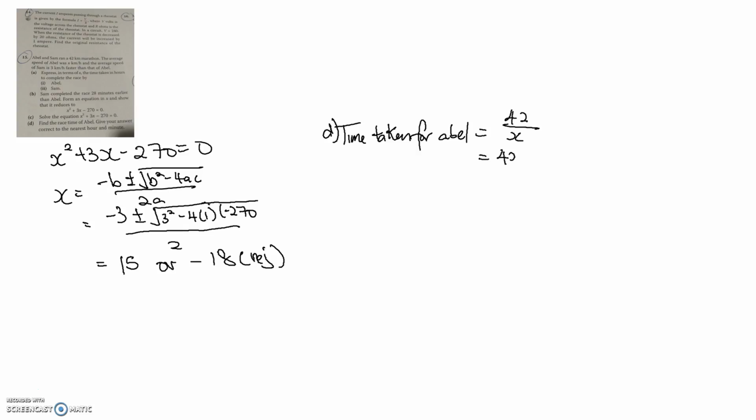In this case, 42 over 15, which equals 2.8 hours, which is 2 hours and 48 minutes. It's a simple matter of substituting in the x value.